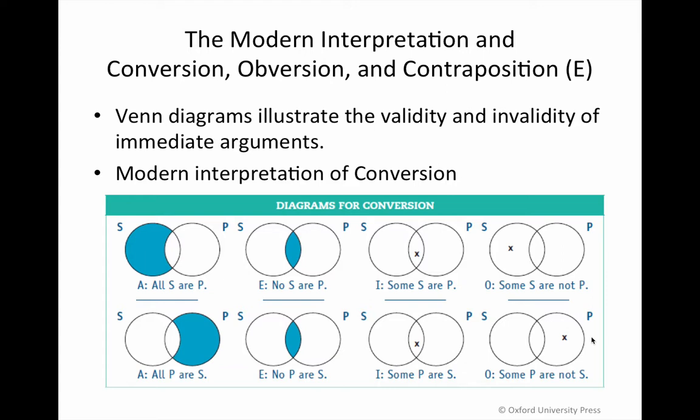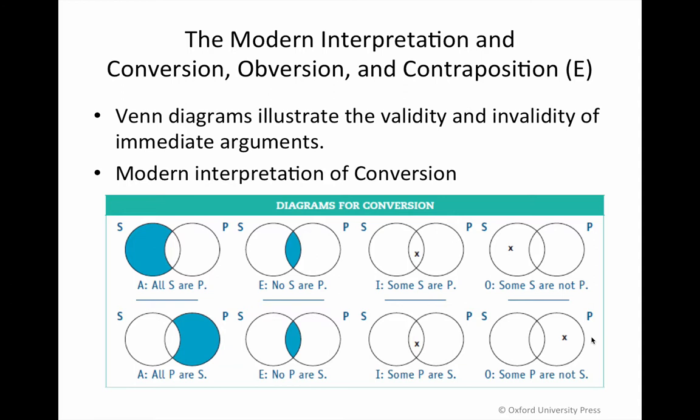So first, though, let's take a look at what conversion looks like from the standpoint of a Venn diagram. We're looking at pairs, one on top of the other. The far left inference goes from top to bottom. That's a universal. And then the second pair from the left is also a universal, then a particular, and another particular.